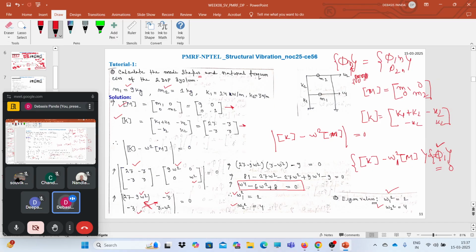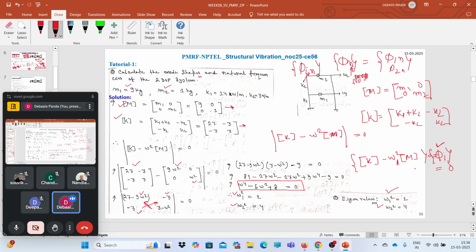And if you want to index this also, it will look like phi i n, where i corresponds to the number of degrees of freedom you want to consider. When we see the modal matrix, we will again come back to this concept of indexing of the modal matrices. So for now, let's solve this equation.